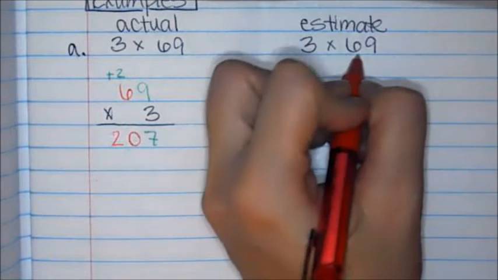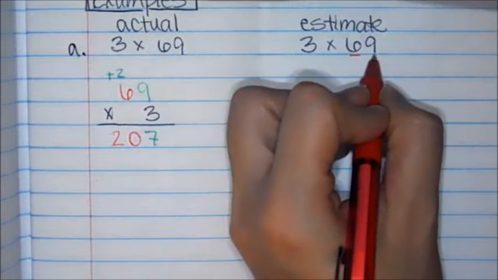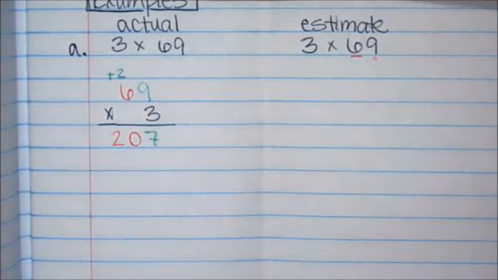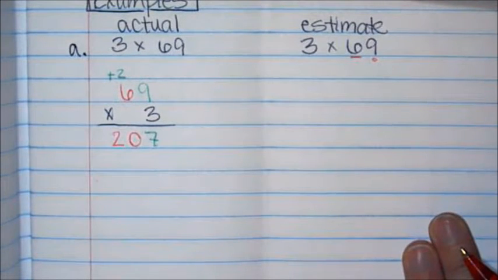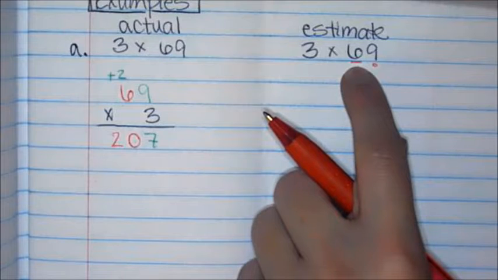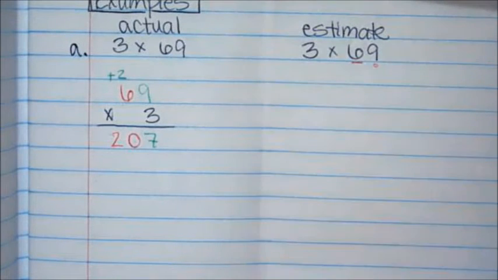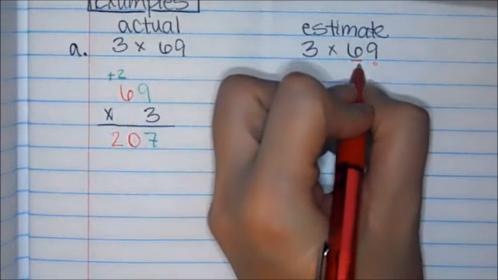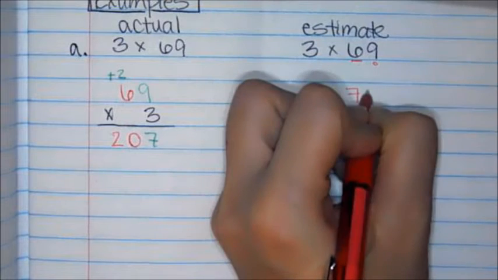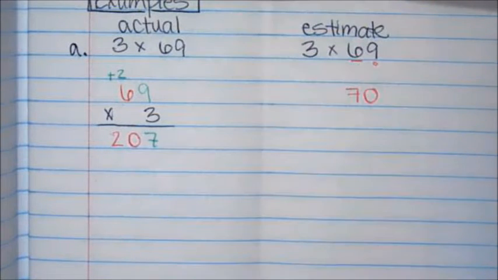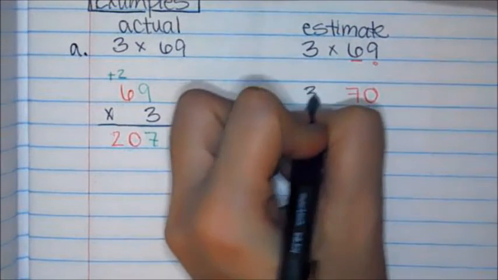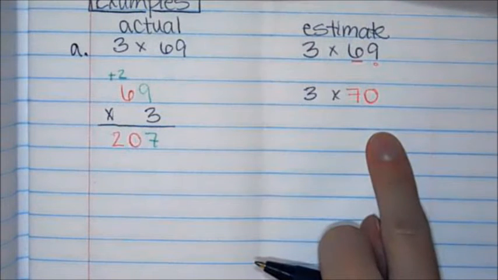I found my place, which is my tens place, and I look next door. Is that digit 5 or greater? It sure is. So I'm going to add 1 more to my tens place. So I am going to round this 69 to 70, and I'm going to do 3 times 70.